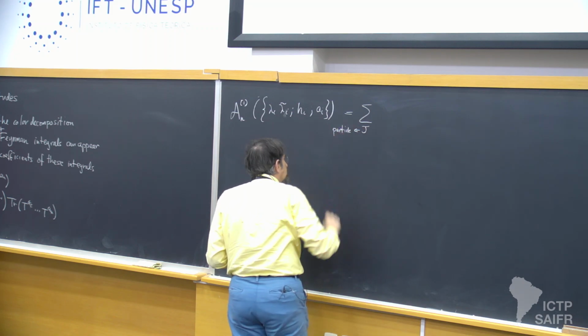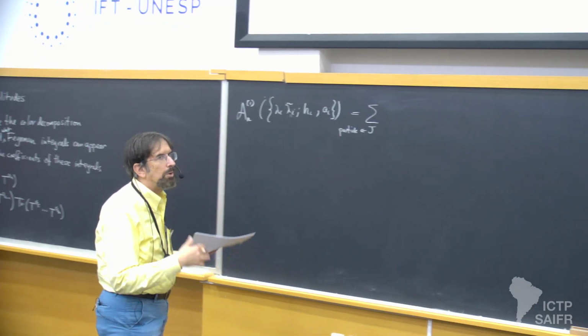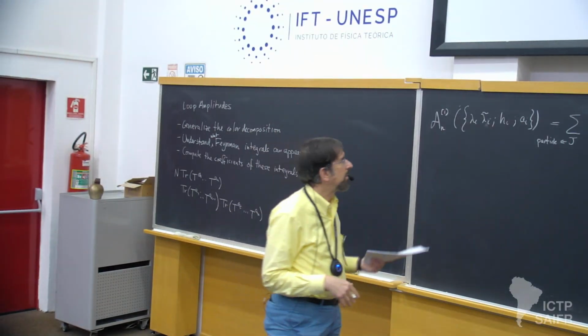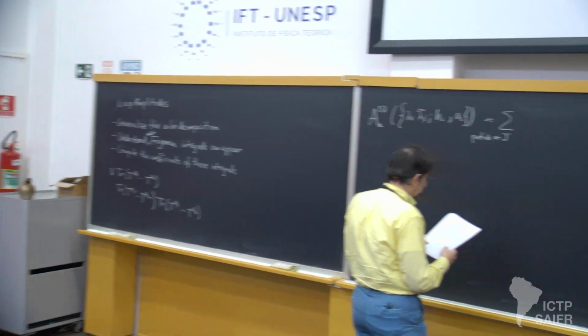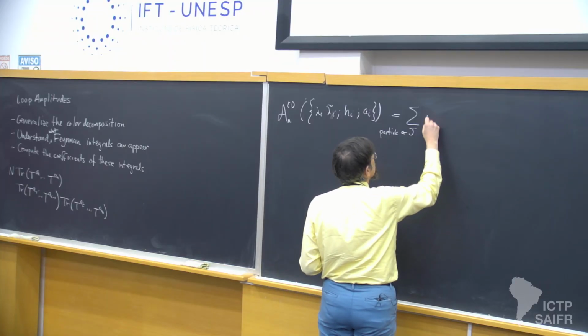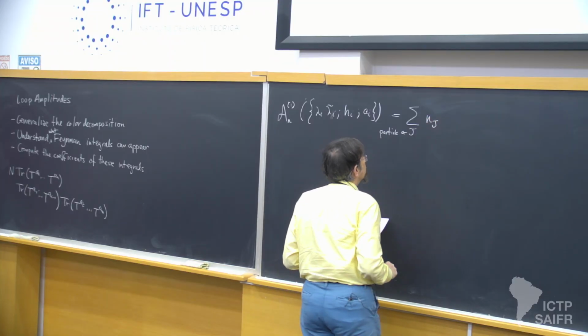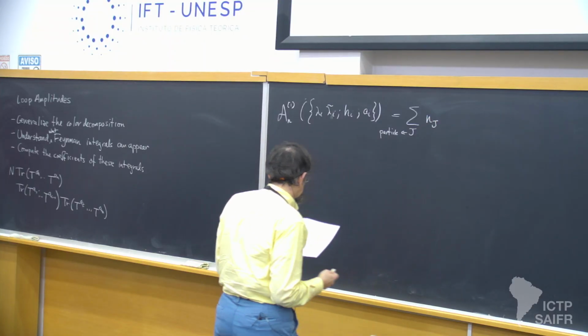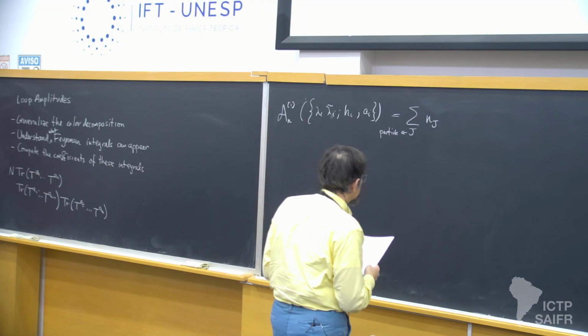For everything I'm going to talk about today, I'm still going to assume we're in pure Yang-Mills, so in fact those particle types are just the gluons themselves. If it's other than the gluons, there can be some number of families, some number of multiplets.